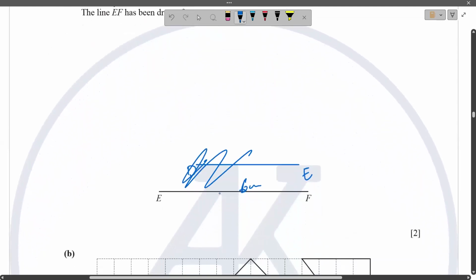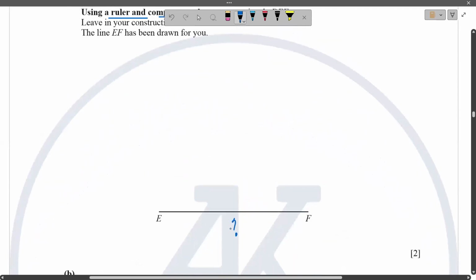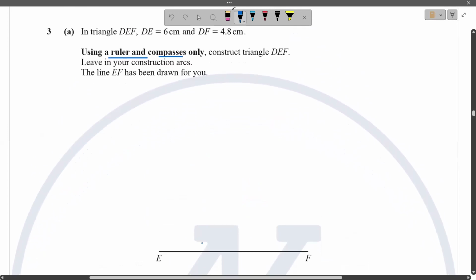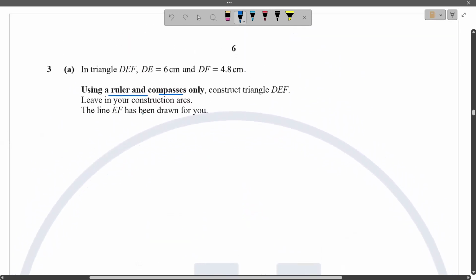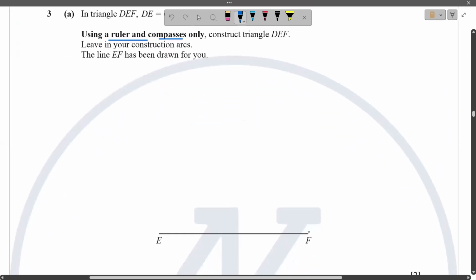Okay, sorry, we're going to start. EF, I don't know what the length of EF is, but anyway, as you have the paper, you can know the length of EF. We need to draw DE and DF.